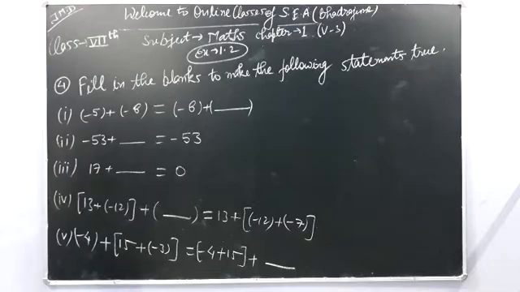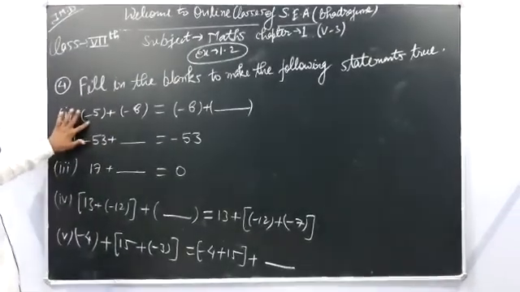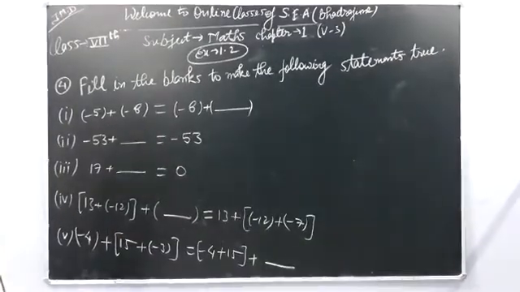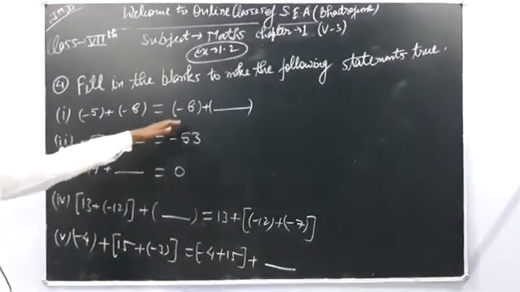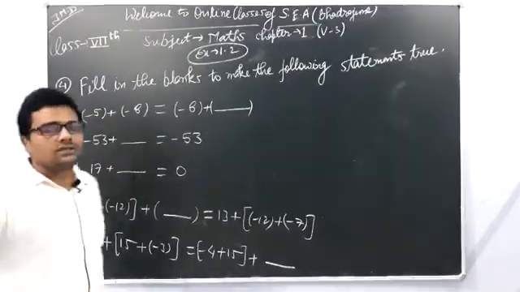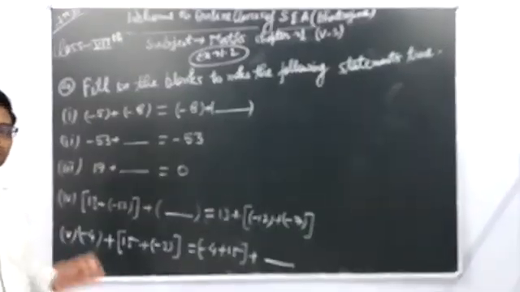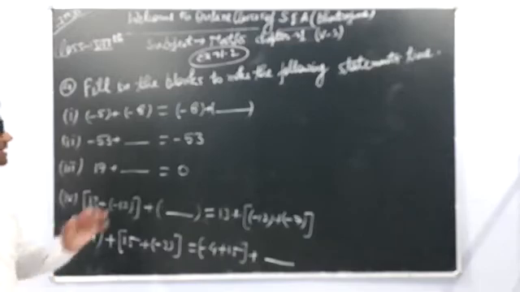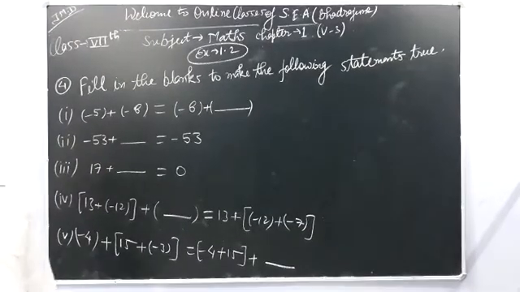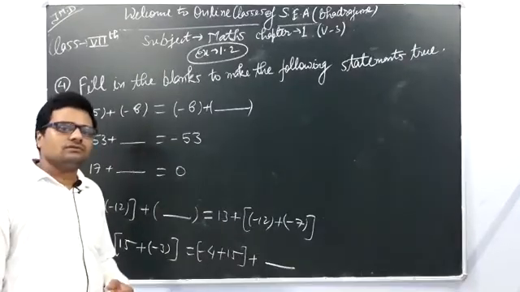Here, -5 plus -8 equals -8 plus -5, because we studied in our question number 3 that the order of adding integers does not matter.